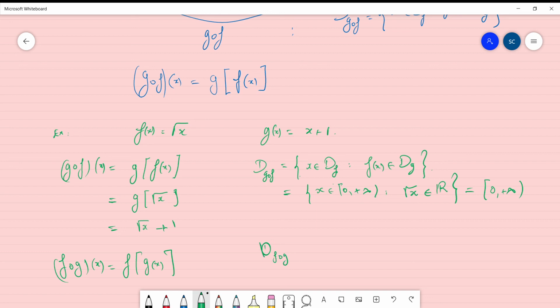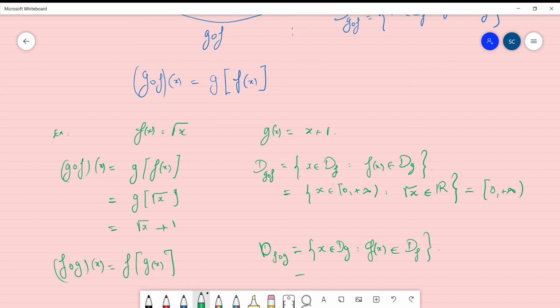The domain will be the x's in the domain of g, so that it will be well defined, so that this time when you take g of x, you want to take the image by f, it must be in the domain of f.